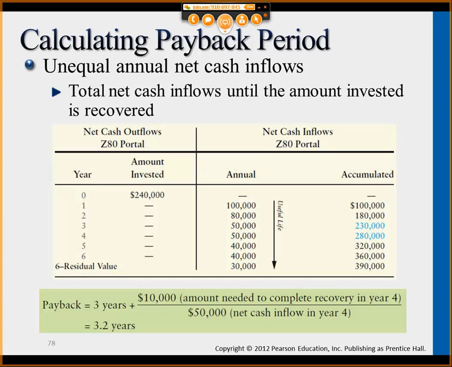So the 4th year, we're going to take 50,000, and we're going to take that number to calculate the payback. So 10,000 are left after 3 years, we're going to take 10,000 and divide by 50. So 10 divided by 50 is 0.2, so we have 3.2 years.